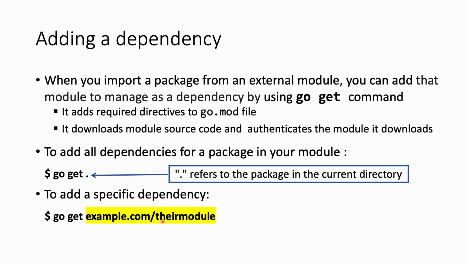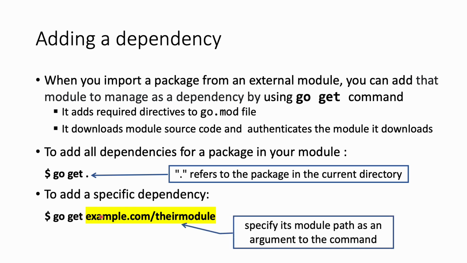So here you specify its module path as an argument to the go get command. It can download modules from a module proxy like proxy.golang.org, or directly from version control repositories. You can set the location from which Go tools download modules.